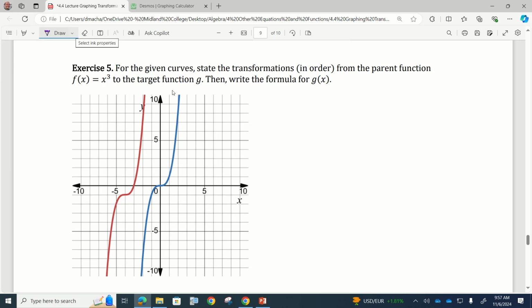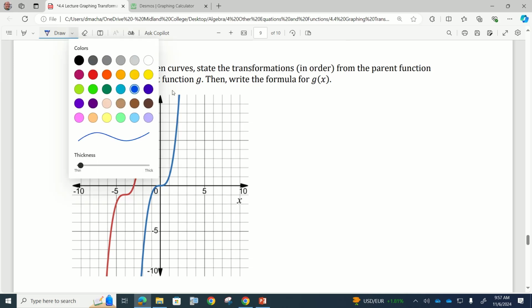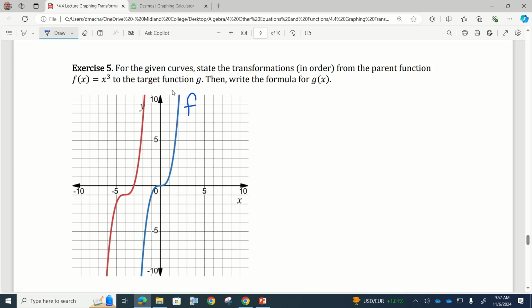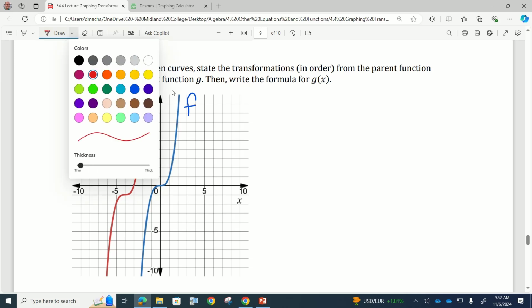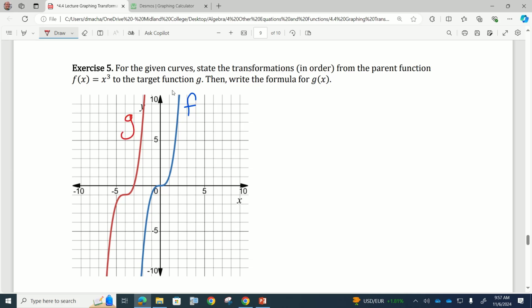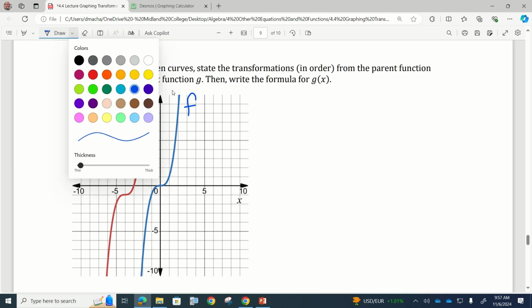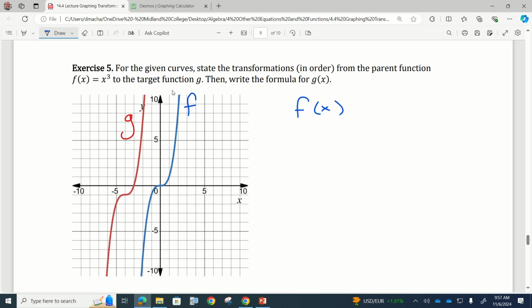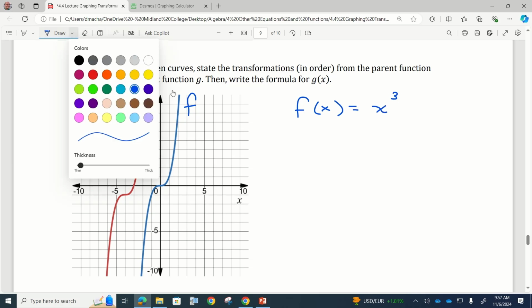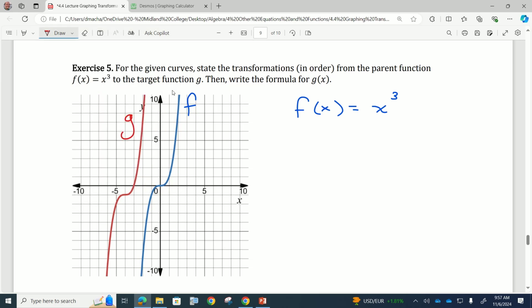The other kind of question I'm going to ask you next week on your test is this. I'll give you what the curve f looks like, and I'll give you what the g curve looks like, and I'll even tell you that the function f is x cubed, but then we're going to ask you to write the formula for g.